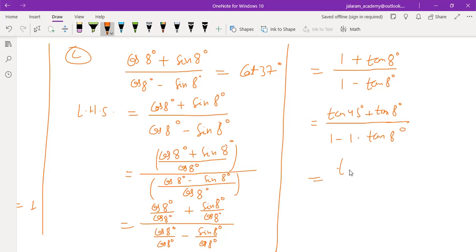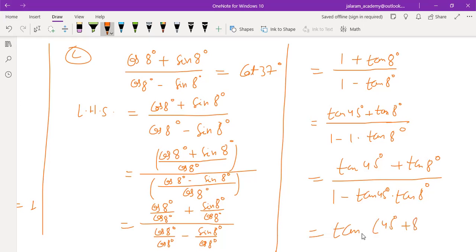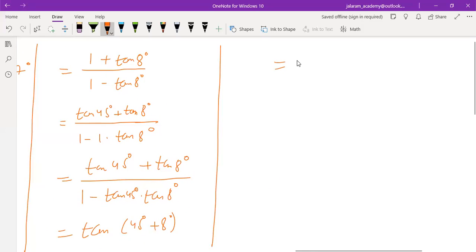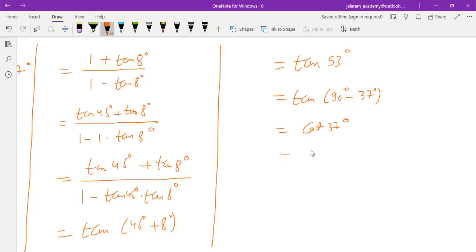We know that tan A plus tan B over 1 minus tan A into tan B equals tan(A plus B), which is equal to tan 53 degree. So change it to 90 degree minus 37 degree. So finally it becomes cot 37 degree, which is the right hand side which we have to prove.